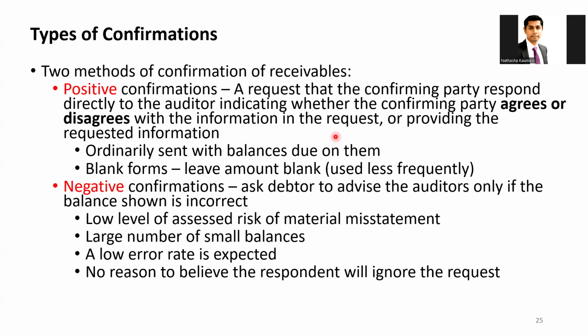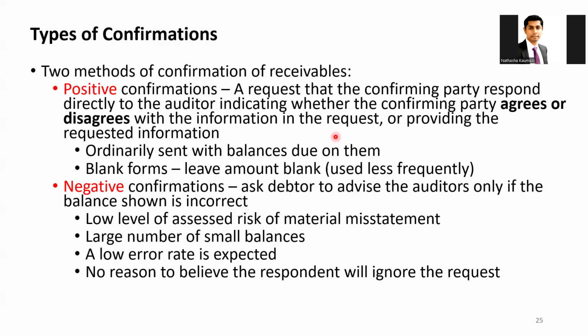We mention in that letter that as at this particular date, you have to pay this much to this client. That means your overdue balance is 1 million. We are mentioning that amount.